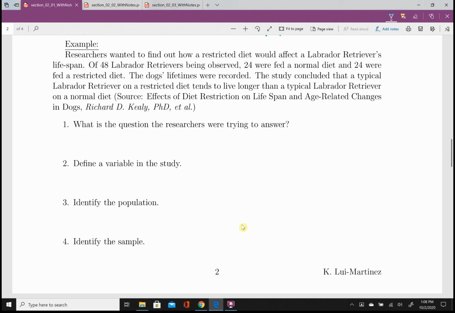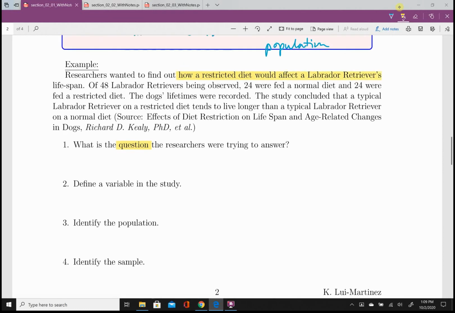Okay, so what is the question that the researchers are trying to answer? For this one, I'm going to actually go for the highlighter because I think that'll be more fun. Well, they want to see how a restricted diet would affect Labrador retrievers' lifespan. So I'm going to go ahead and write that down.